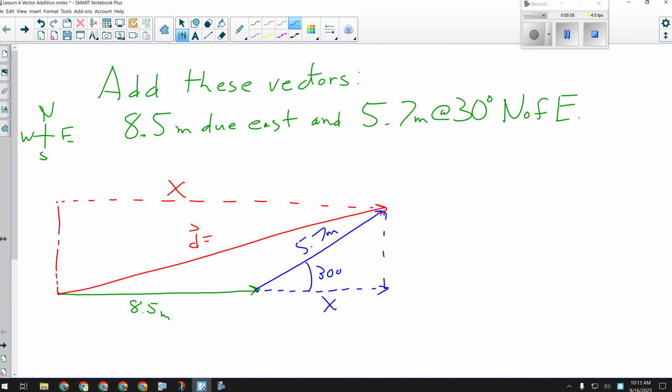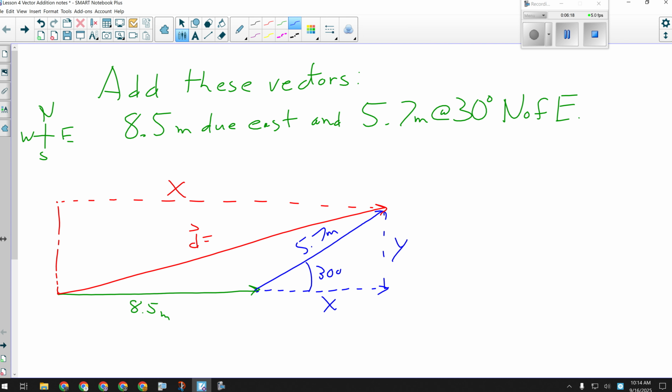Because when I'm going this 5.7 meters, 30 degrees north of east, I'm going east and north. Fair? Okay, so since I know the hypotenuse of this triangle and I know this angle, is there a way for me to calculate its horizontal and vertical components?